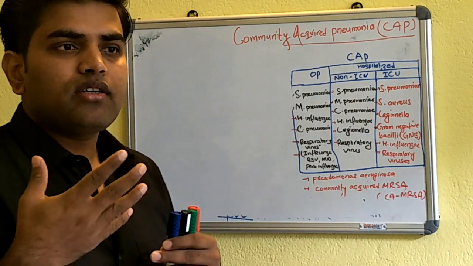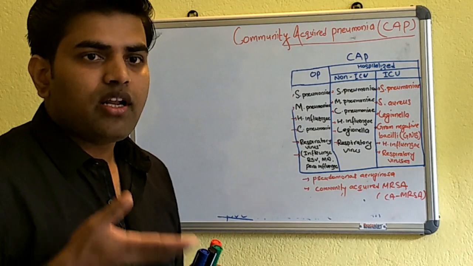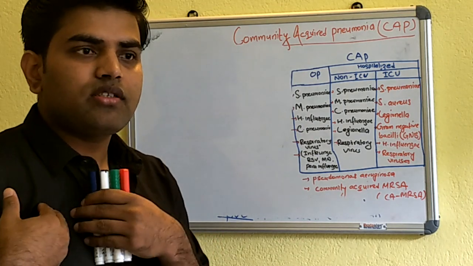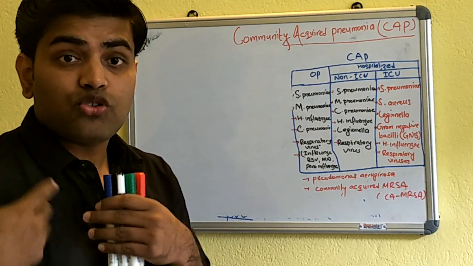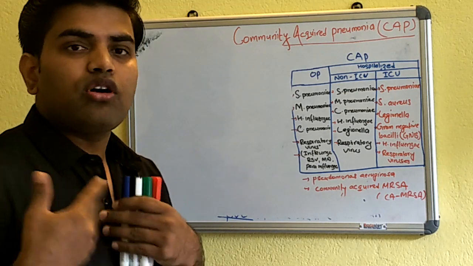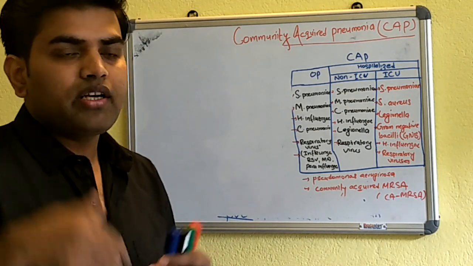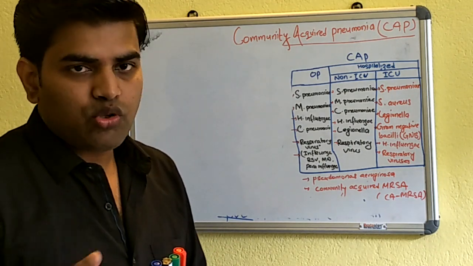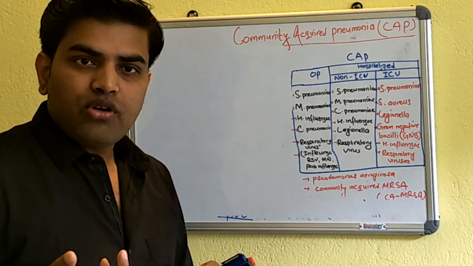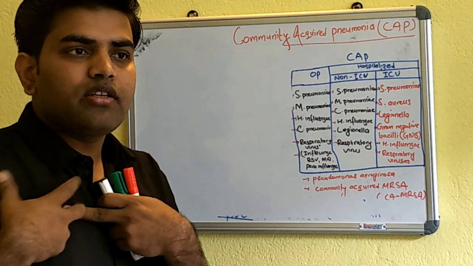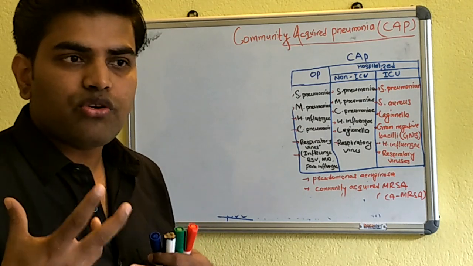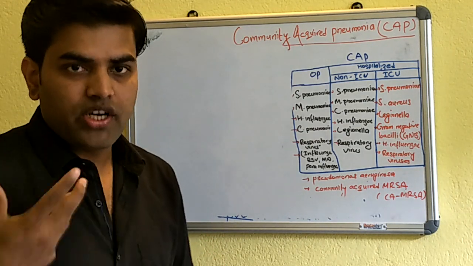Then there is the other examination, like vocal fremitus. Since the lung parenchyma has gone into consolidation, vocal fremitus will be increased. It will decrease in pleural effusion and pneumothorax. Then you come to percussion. Over the consolidation there will be a dull note, woody dull.